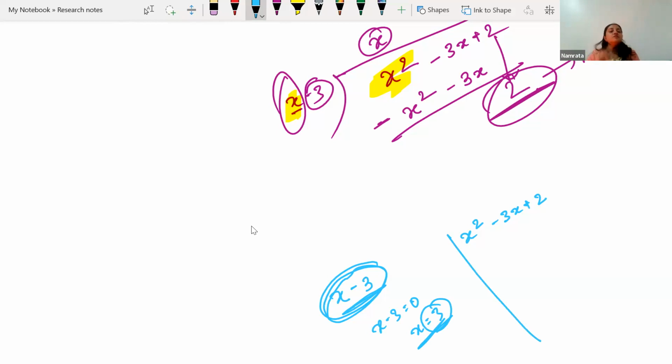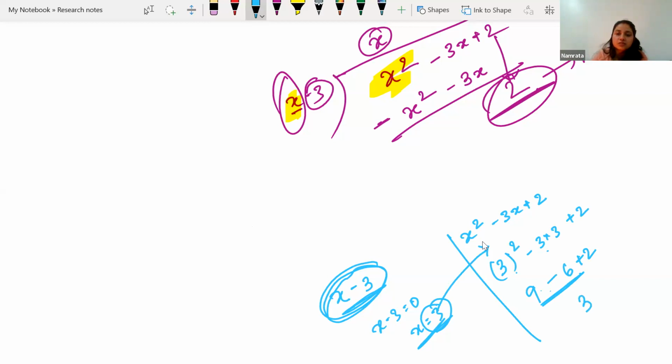Now first thing first, we will be finding the zero of the polynomial, that is 3. We will substitute it in the given polynomial. So if we substitute it over here, 3 square minus 3 into 3 plus 2. So 3 square is 9 minus 6 plus 2. Just a moment. Am I making any mistake?